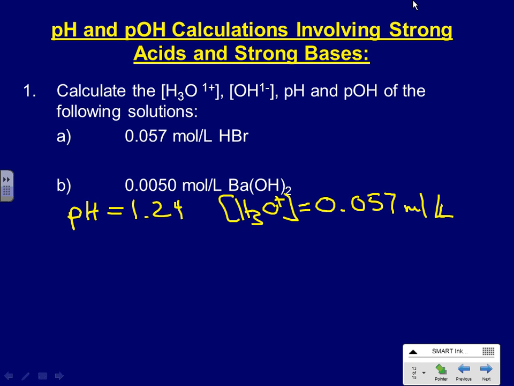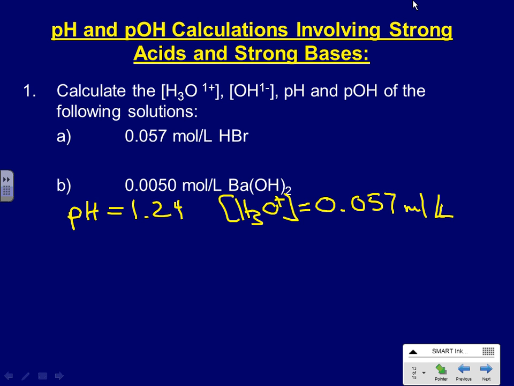Now, what I want to stress to you is to do this all in one shot. You should be able to go from H3O+ to pH to pOH to OH without clearing your calculator. Has everybody cleared their calculator at this point? If you've cleared it, put in your negative log of 0.057, right?